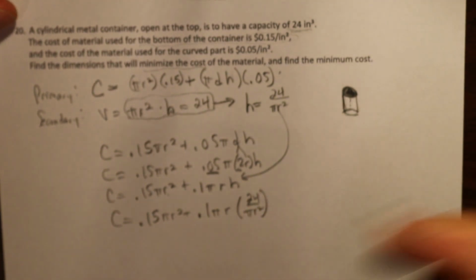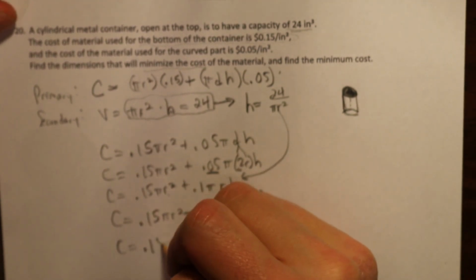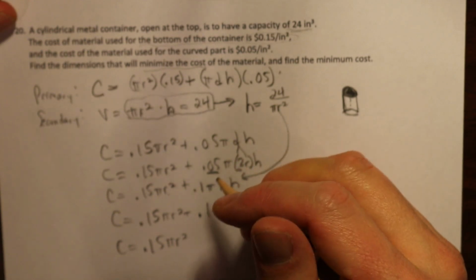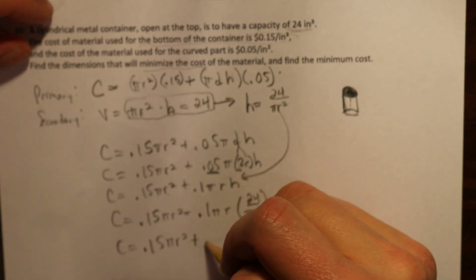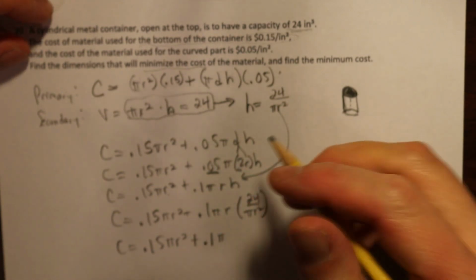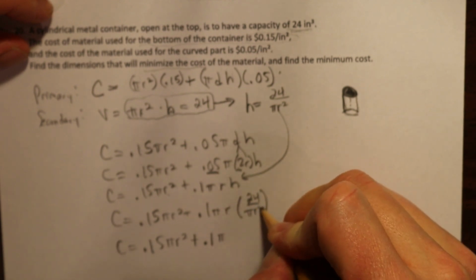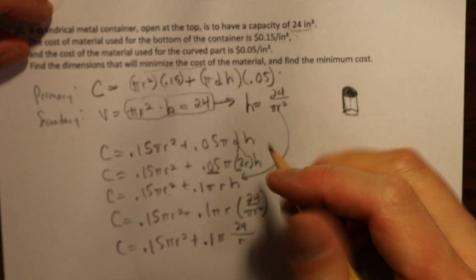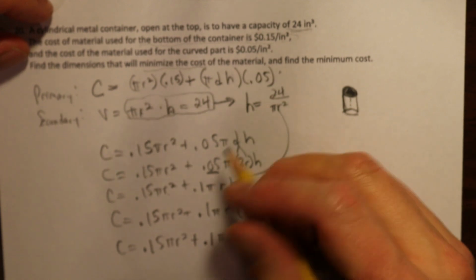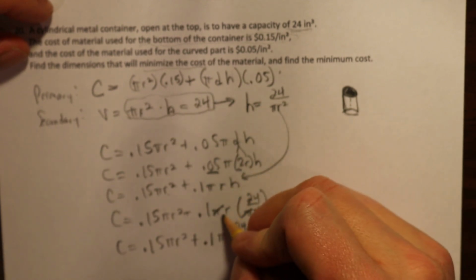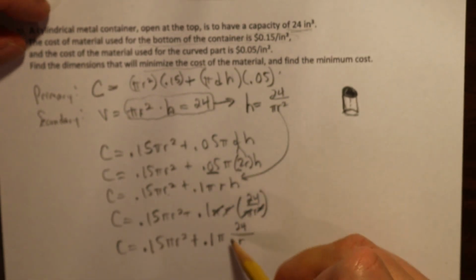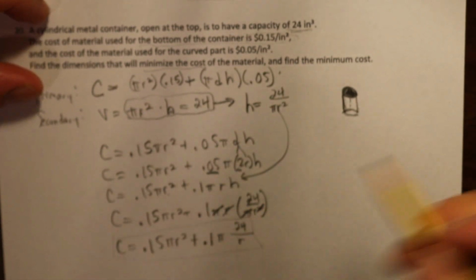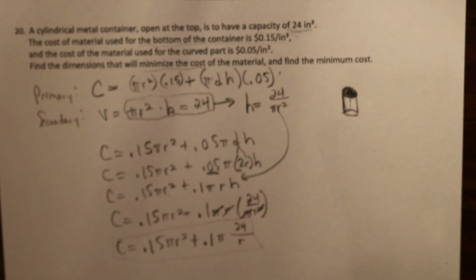And it's really going to be some algebra here to clean this up. I've got an r on top against 2 r's on the bottom. Well, heck, I've got a pi on top against a pi on the bottom. So this pi kills that pi, and this r kills one of those r's. And that's how I end up with this cost equation. And now I've just got radius instead of multiple variables.